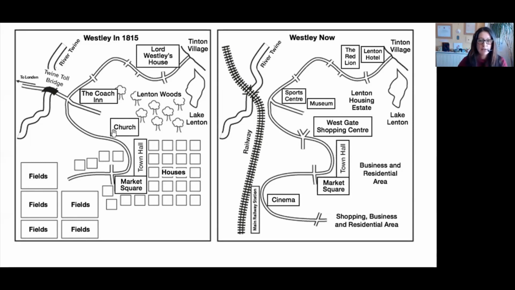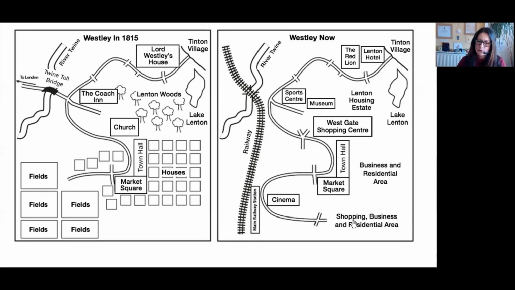Now, if we compare that to the map on the right, I think probably the first thing we notice is that those fields have disappeared. There's a railway line in its place now, going all the way to the top of the map. And what was previously just a residential area with houses is now business and residential area.